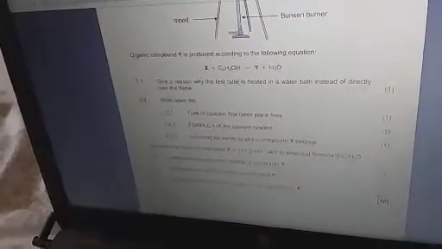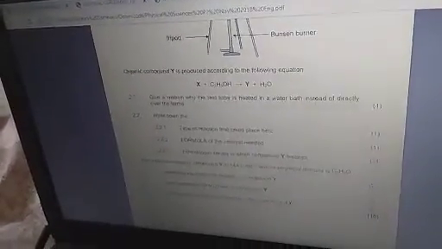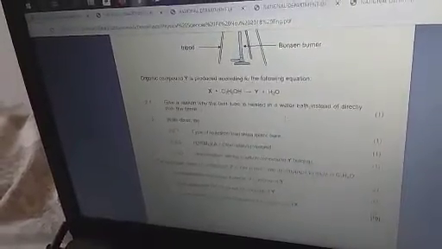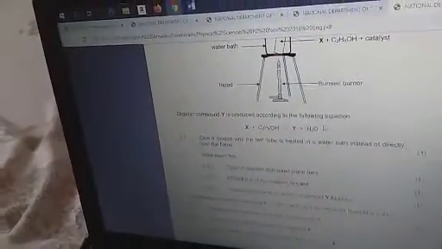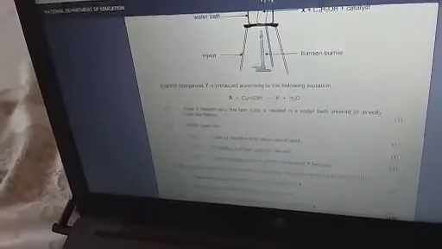Give a reason why the test tube is heated in water instead of directly over a flame. I would normally think that the system is flammable, meaning it can burst.